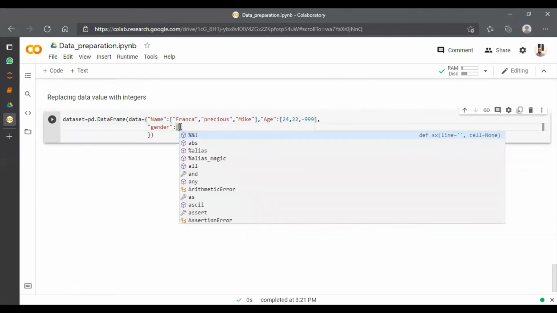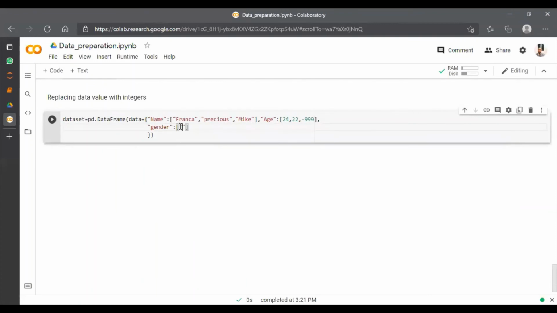You can just create a random gender: female, female, male, and female. Do you understand that?